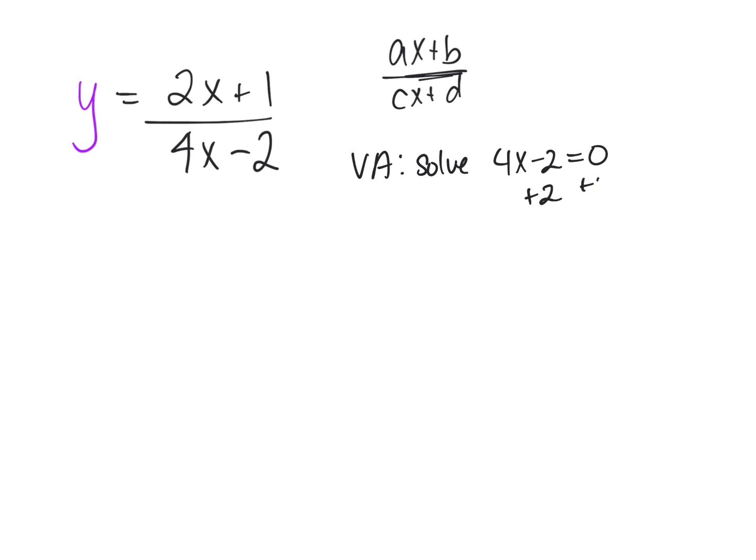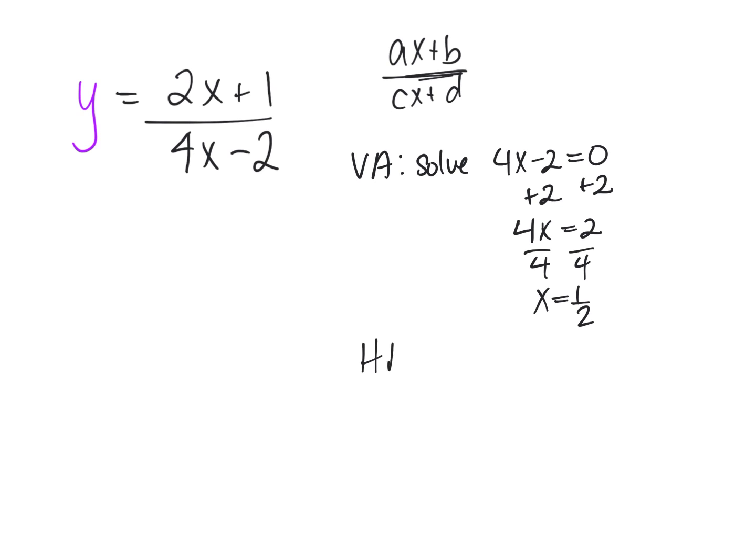So add 2, 4x equals 2, and x is positive 1/2. Don't go changing the sign again. I got it by solving, so it's x equals 1/2. If there was no x, it would be positive 2. So my answer should be positive.